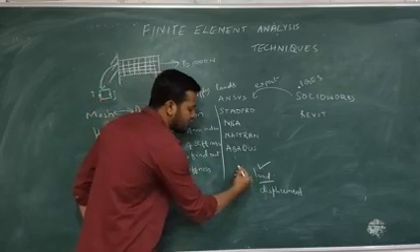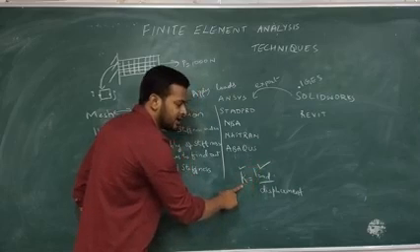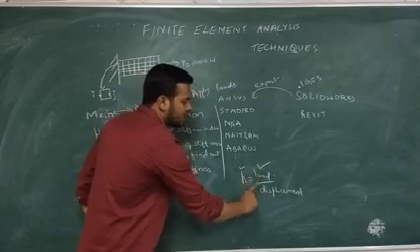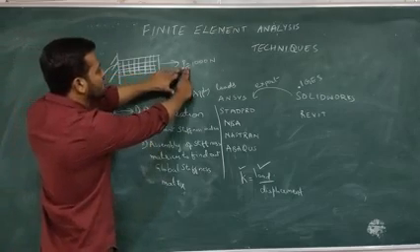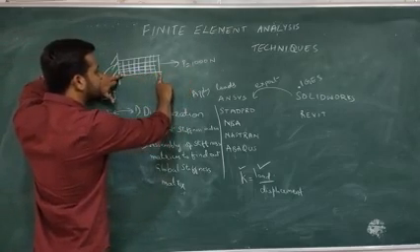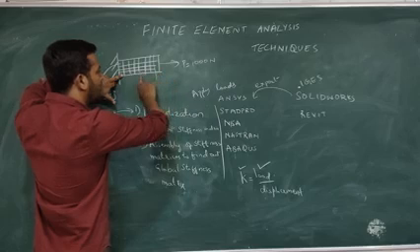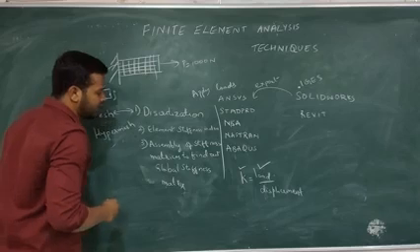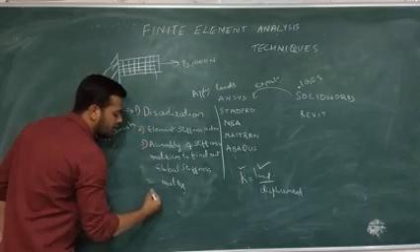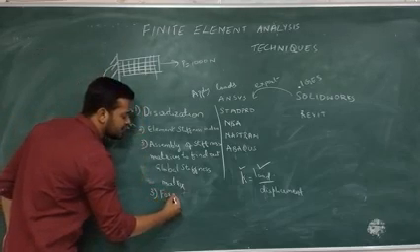So once I am able to find out the stiffness, which is denoted by K, I can find out the displacement. Because of this load P, what is the displacement of this point or any other point inside this model. So next, after finding out the stiffness, I will find out the force matrix.